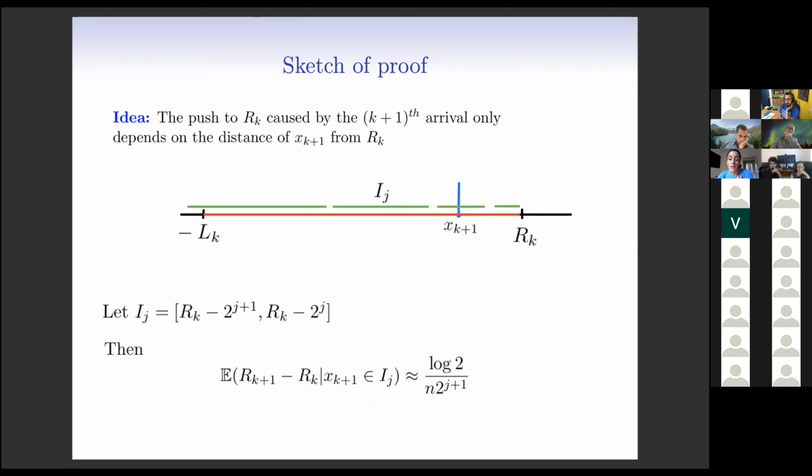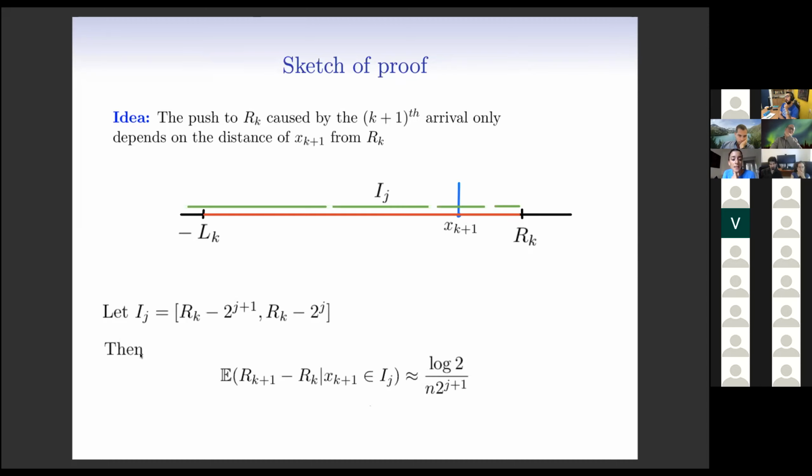And so this suggests to split the red interval into several regions according to how far the particles are from the right extremum. So we introduce these sub-intervals I_j, and the length of I_j doubles as you move away from the right extremum.